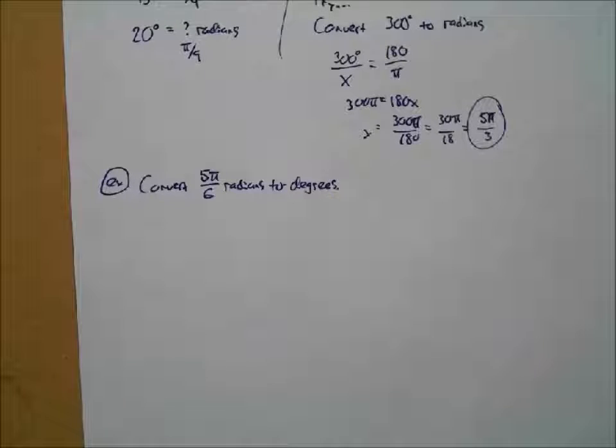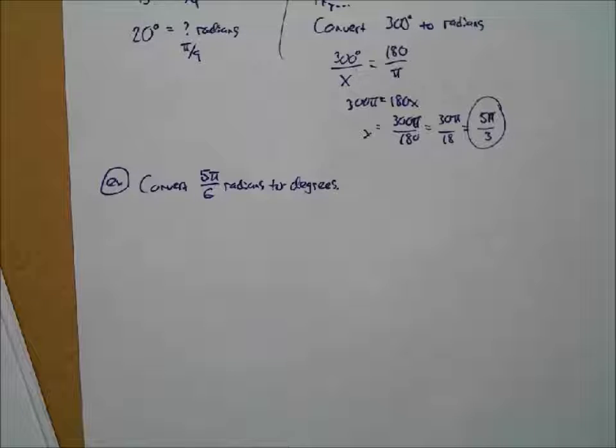Now, typically when you see an angle measure, if you don't see a degree sign, then you assume it's in radians. We typically don't write 5 pi over 6 radians; we don't give the units there. We just say 5 pi over 6, or 5 pi over 3, or pi over 2, whatever. We don't put the radians there, but they are radians, unless you see the degree symbol, in which case you're talking about degrees.